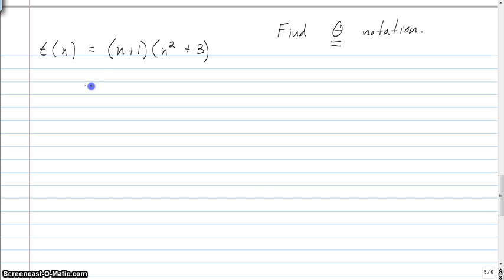Now I want to make this look like a polynomial, so I'm going to FOIL this out. So I'd have n cubed plus 3n, first, outside, inside, last, plus 3. Just putting these in descending order.